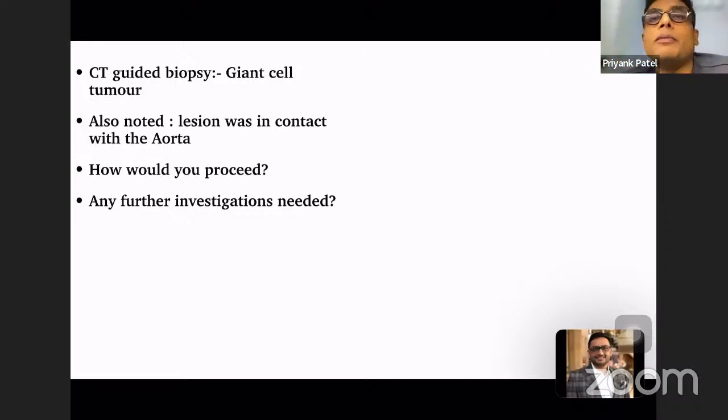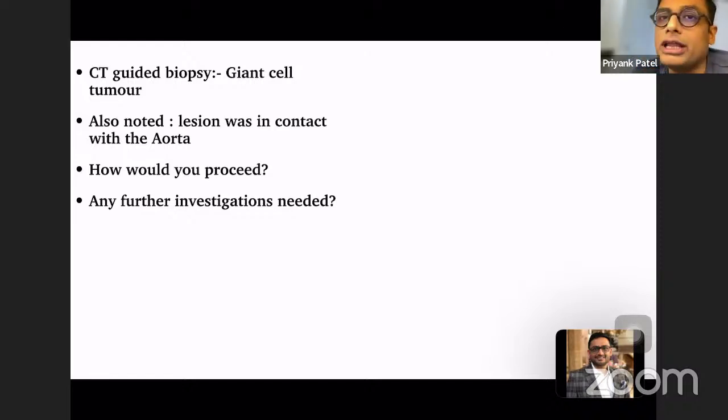This is an inoperable tumor, a locally aggressive tumor. So how I'm thinking is that by waiting for some time, this tumor is not going to metastasize. If I go ahead for surgery right now, I am going to leave tumor behind, because giant cell tumor is a soft tissue tumor, and because it is all connected with the aorta, I cannot pull out everything from the aorta because that could be a risky surgery.